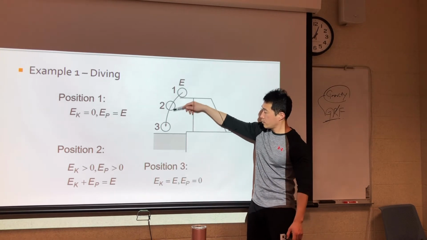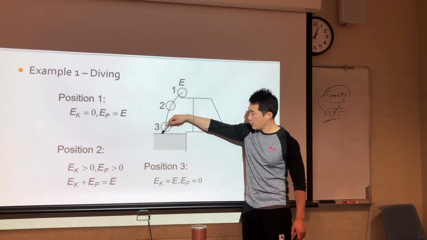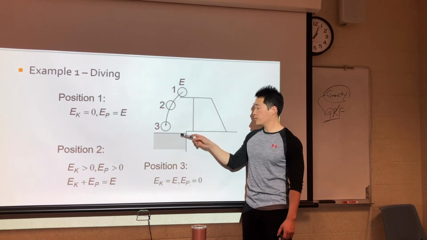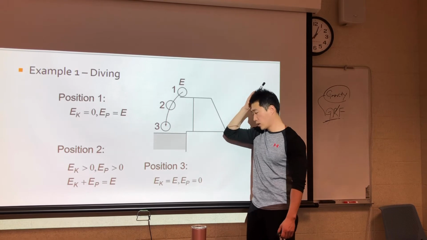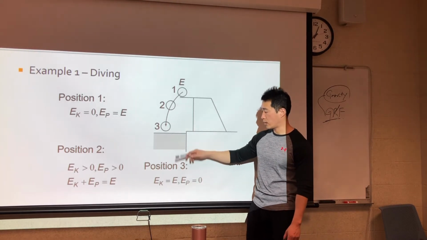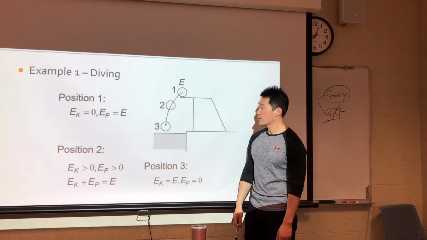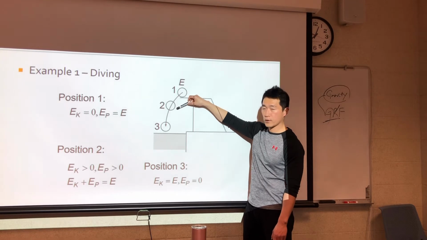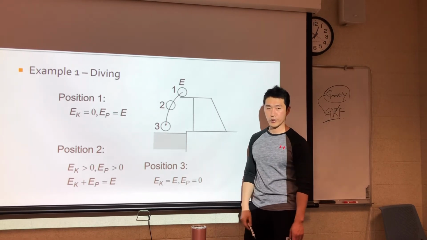But right here, at the water level, he has only what? Kinetic energy. There will be no height, so potential energy will be zero. So here he has only potential energy, in the middle both kinetic and potential energy, and here only kinetic energy.